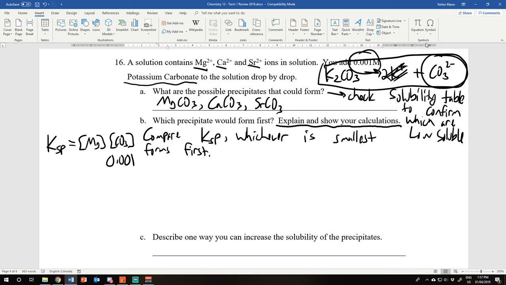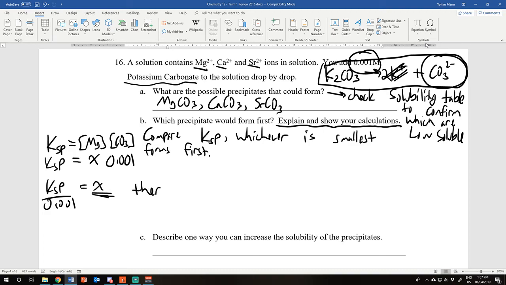Okay, and then the magnesium would be X, and then whatever your KSP value will be here. So then X will be whatever KSP is divided by 0.001. And then you could compare the X values of the various metal ions. And whichever one is smallest will form first, for a similar reason that it requires the least amount.